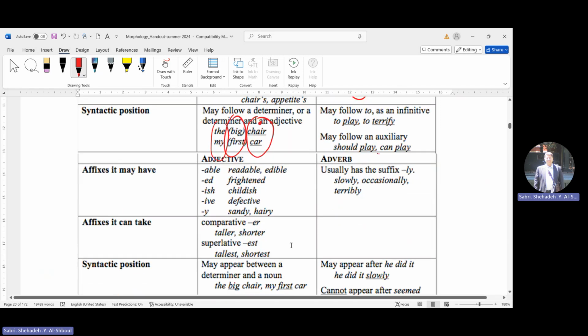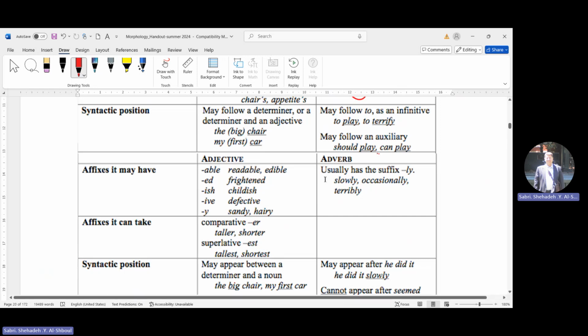If we move now to adjectives, also as part of speech, they can be categorized with affixes or suffixes like able, ive, ed, ish, y, as in sandy, hairy, oily, and so on and so forth.